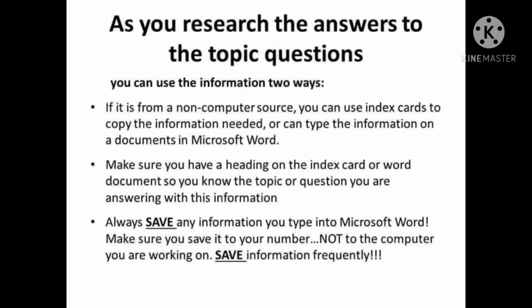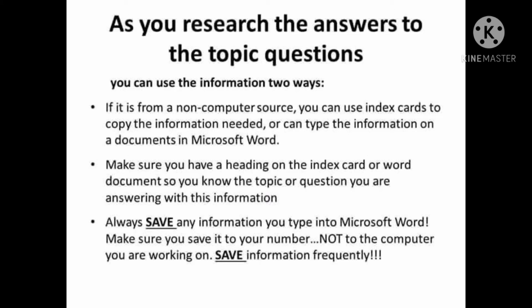As you research the answer to the topic question, you can use the information in 2 ways. If it is from a non-computer source, you can use index cards to copy the information needed, or you can type the information in a Microsoft Word document.